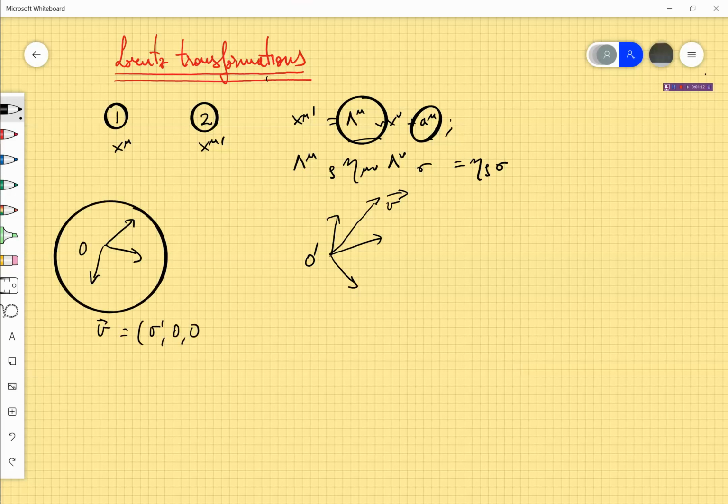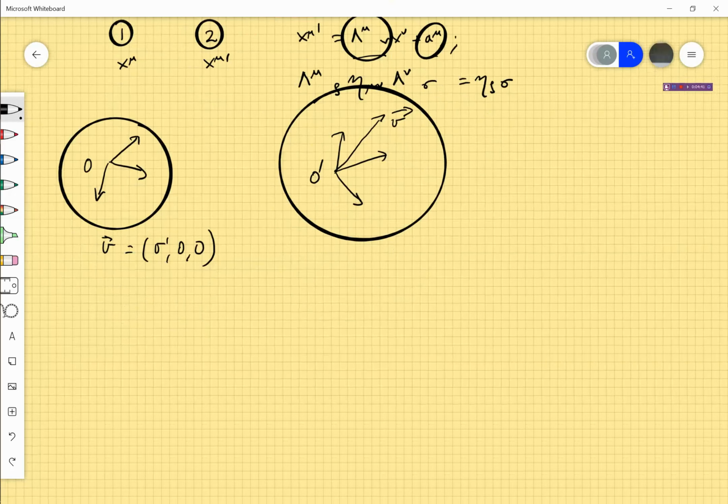Or in other words, that the new axis x1 will be parallel to v. This is not enough for us, and then we will make another rotation of system 2, so that the axes of system 2 are parallel to the axes of system 1.